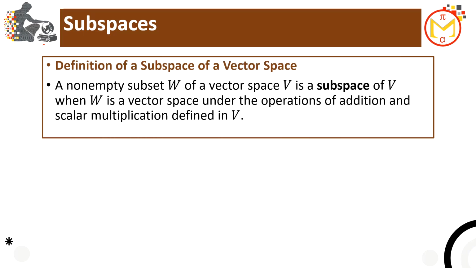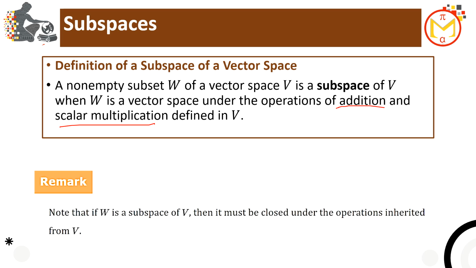The definition of a subspace of a vector space: a non-empty subset W of a vector space V is a subspace of V when W is a vector space under the operations of addition and scalar multiplication defined in vector space V. So we have the operations, addition and scalar multiplication, with these two fundamental properties.